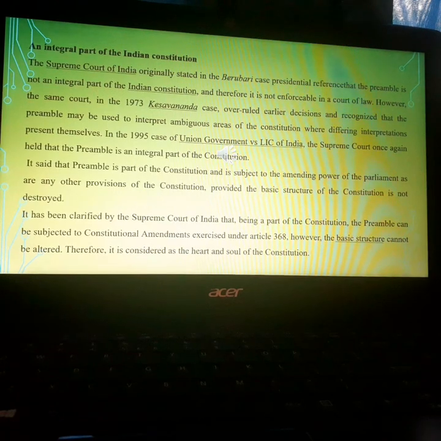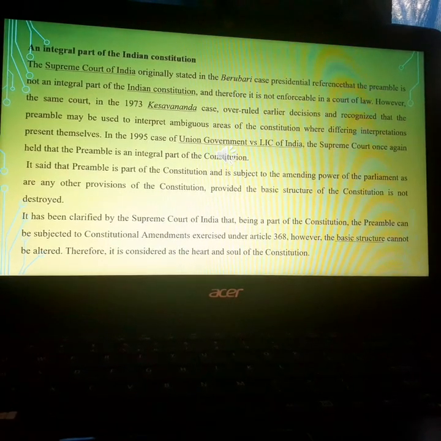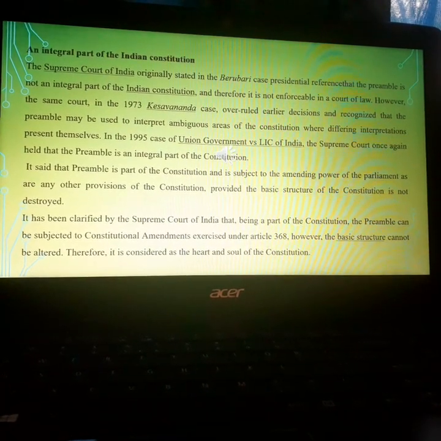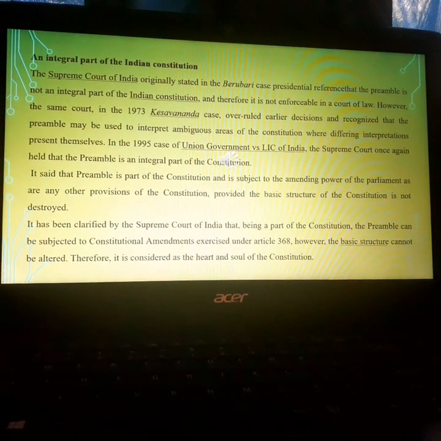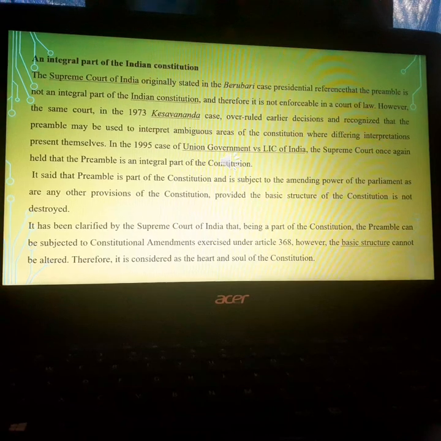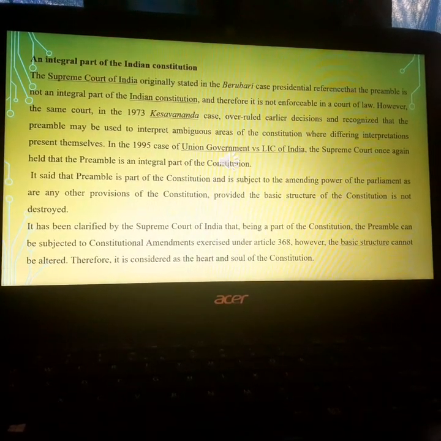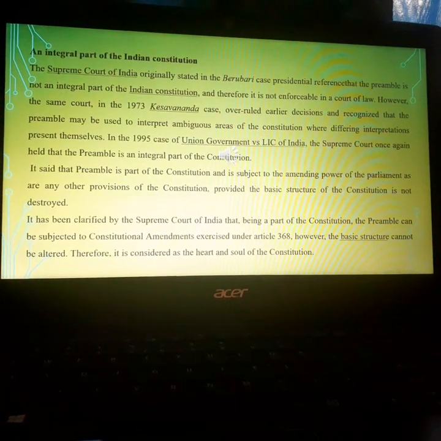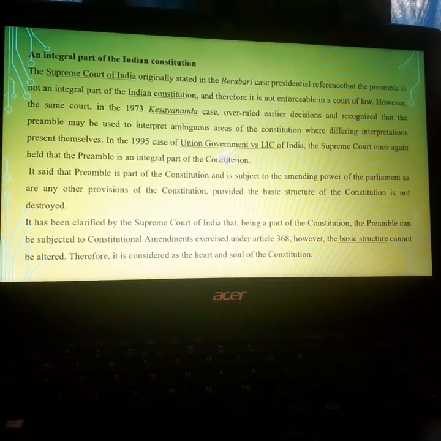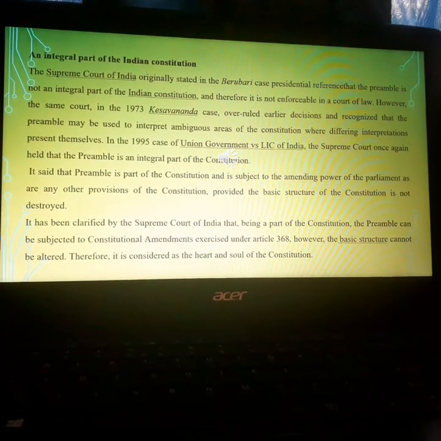It has been clarified by the Supreme Court of India that, being a part of the Constitution, the preamble can be subjected to constitutional amendments exercised under Article 368. The basic structure cannot be altered. It is considered the heart and soul of the Constitution.